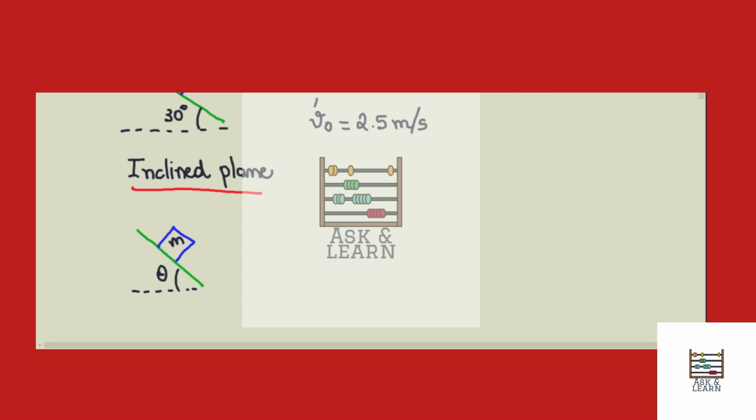Consider now the block as a free body, so we must draw the forces on the block. That is, we must draw the free body diagram. There's a force that acts downwards, that's just the gravity force, equal to mg.